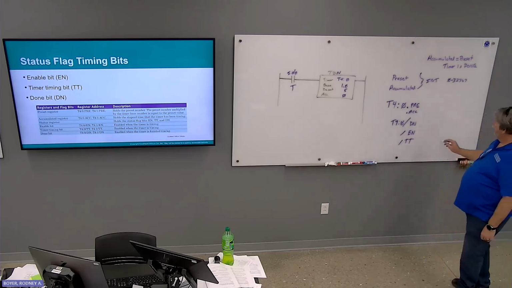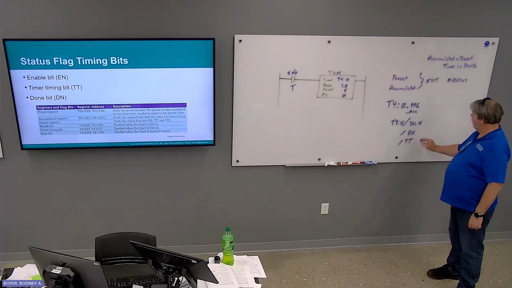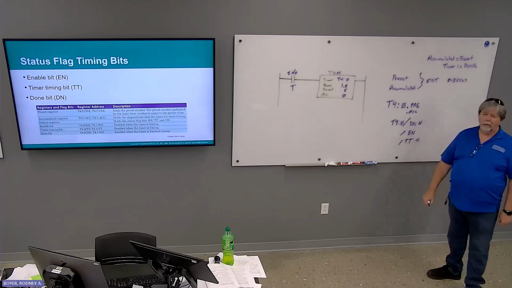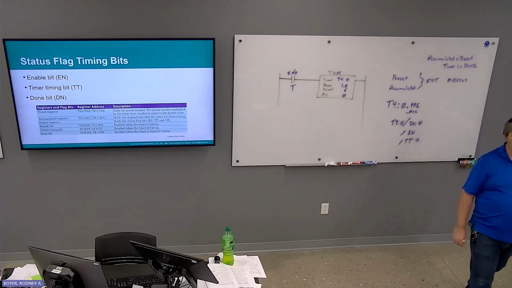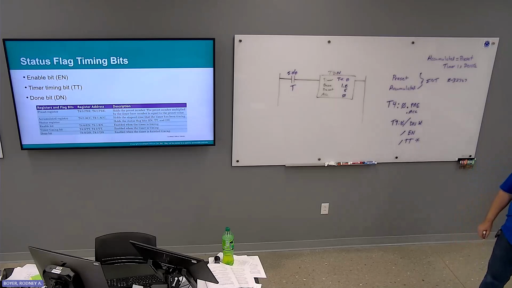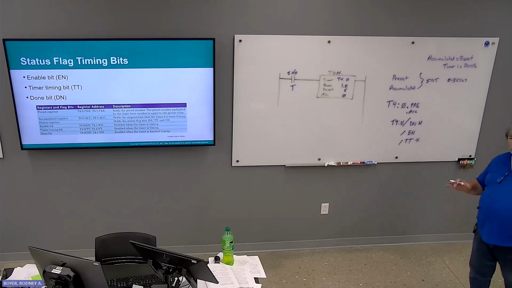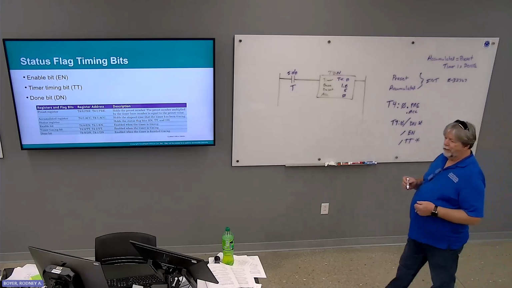Okay. That one and that one are the two that you're going to use most often in your programs. There are times when you want to know if the timer is enabled or not, but those times are much less frequent.